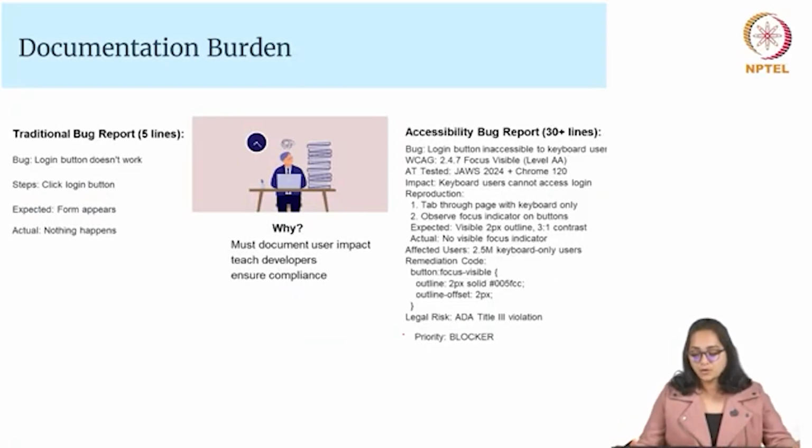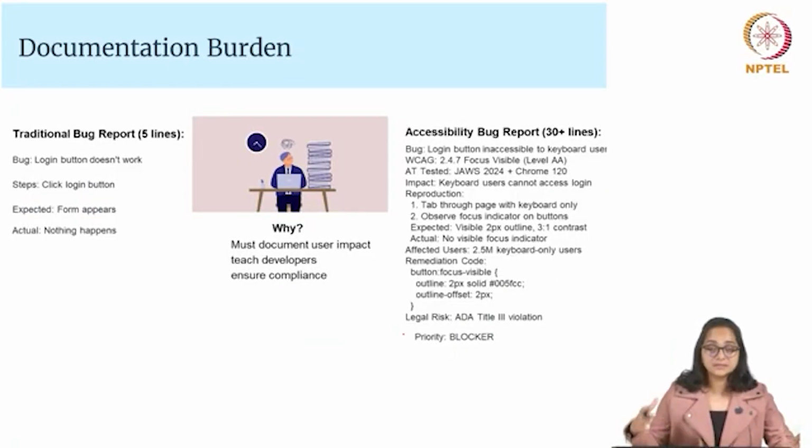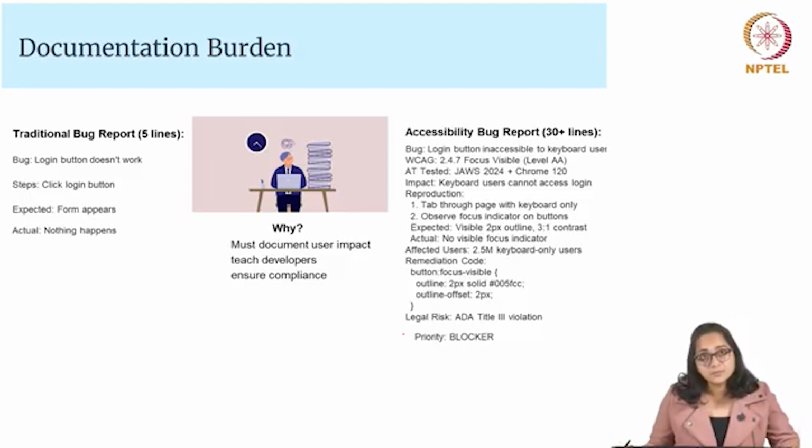So although this definitely is going to be the norm with upcoming accessibility compliance laws and policies, and it's already in place in a lot of Western countries, is there a documentation burden which we are adding?